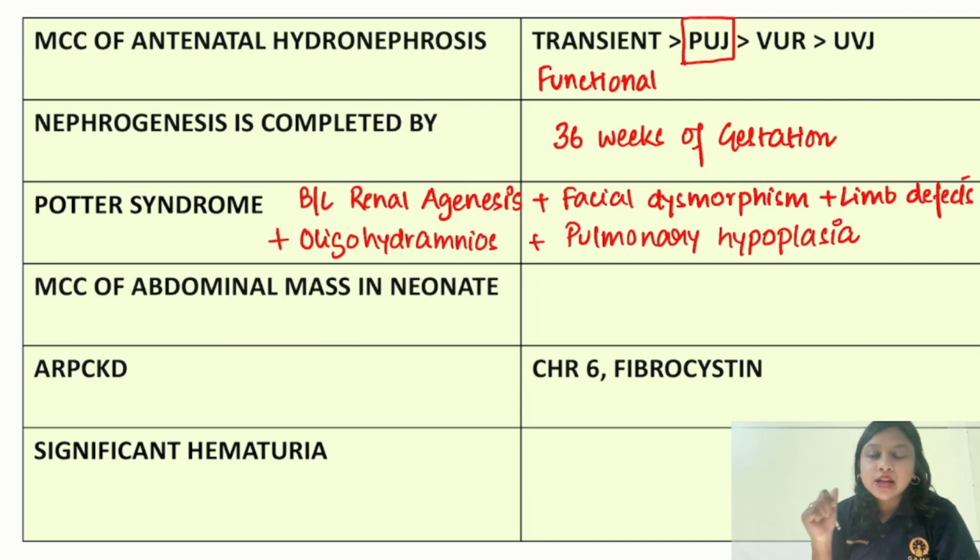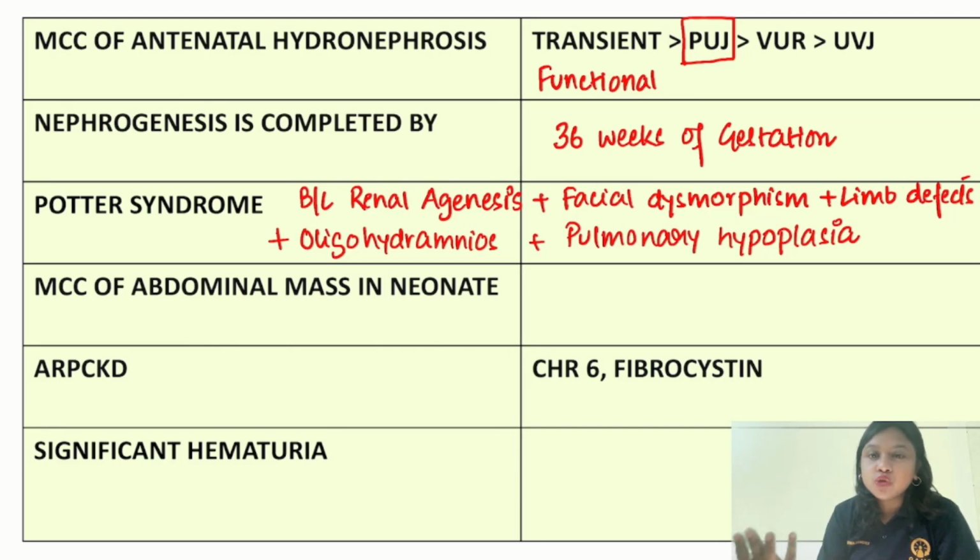Can you tell me another condition where pulmonary hypoplasia is also the most common cause of death? Yes, it is congenital diaphragmatic hernia. And also we can remember autosomal recessive polycystic kidney disease, where also pulmonary hypoplasia occurs. So whenever there is oligohydramnios, there is a chance of pulmonary hypoplasia. Now if you are having single umbilical artery at birth, you should always do an ultrasound KUB.